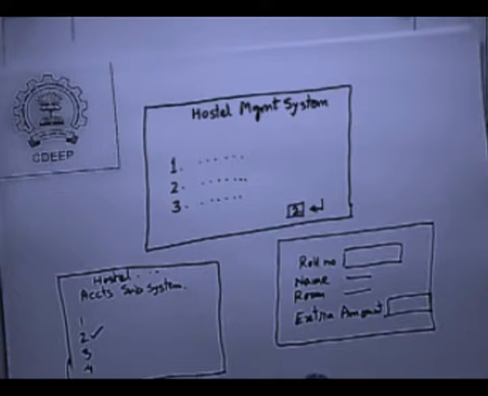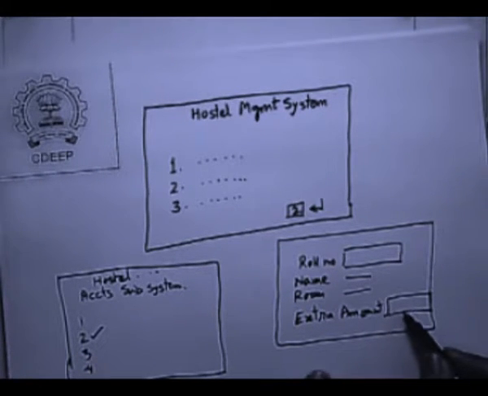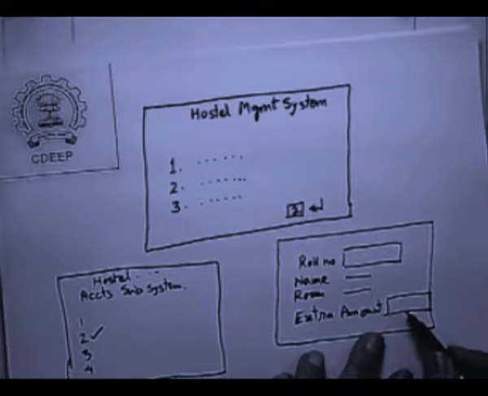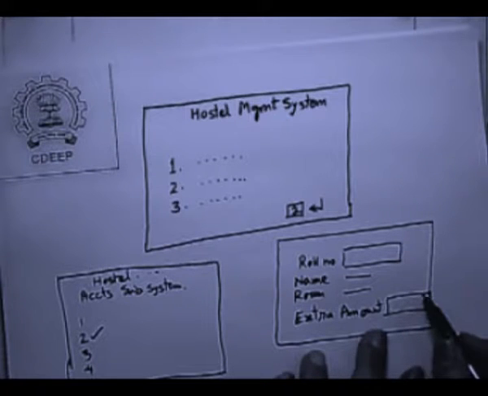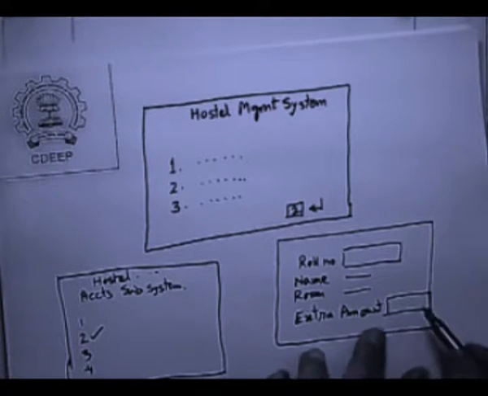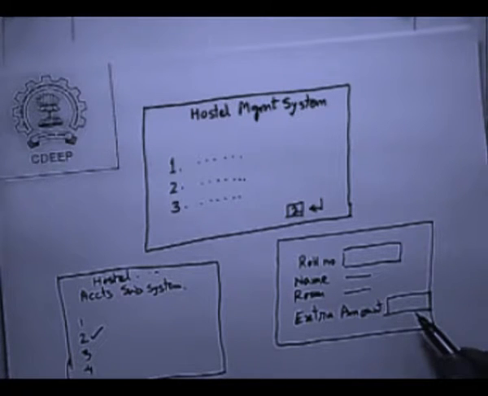Would you really like to put an extra amount directly, or in the context of hostel would you like to put that this month the fellow had 2 extra breakfasts, 1 extra dinner, 3 guests, whatever. In whichever way the raw data is available at that point in time is the best way in which you should ask for capture.